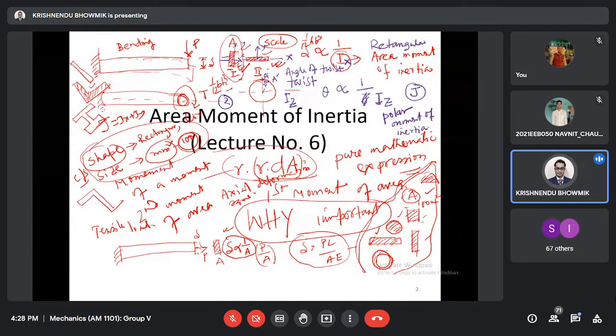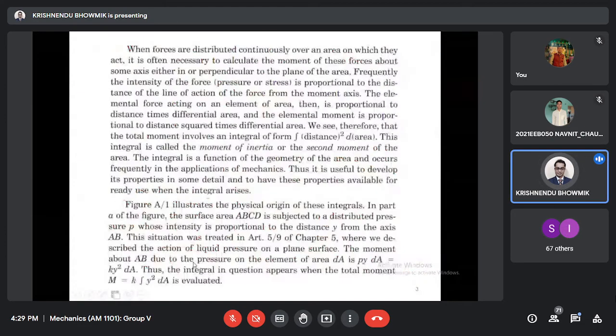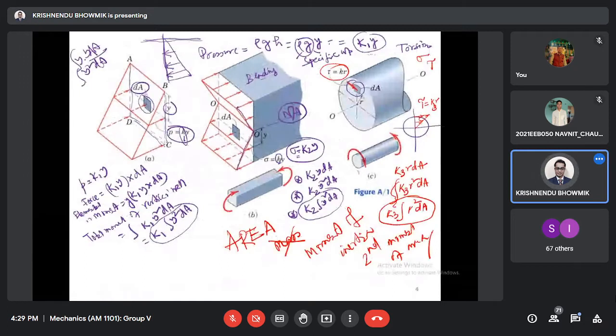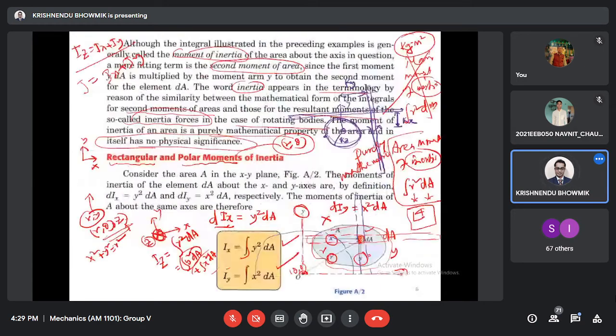In aerospace, many times you have seen Z sections. Sometimes you will see the C sections. These are the C sections. Sometimes people see these hat sections. This is called a hat section. Why are different sections available? Because different cross sections give different values of I or J, which give more resistance against bending or against torsion.